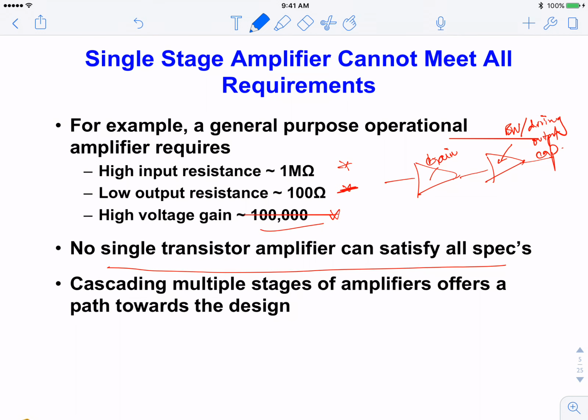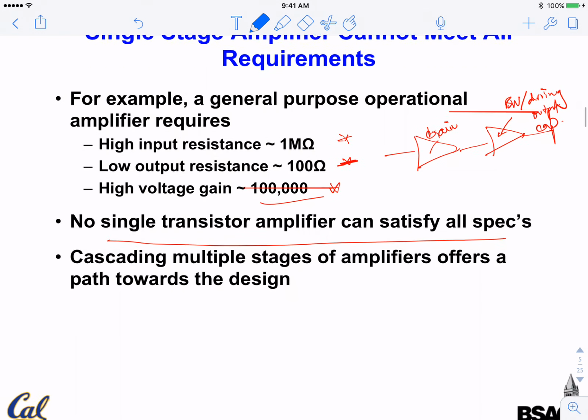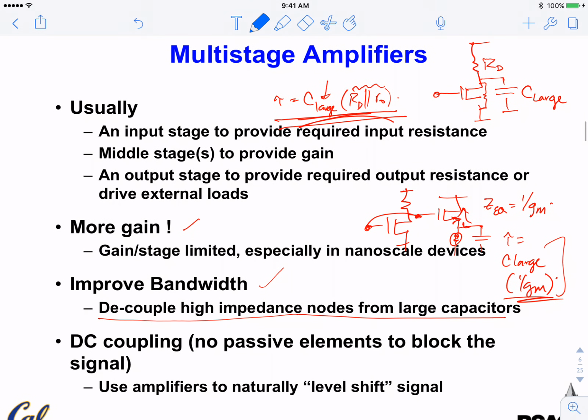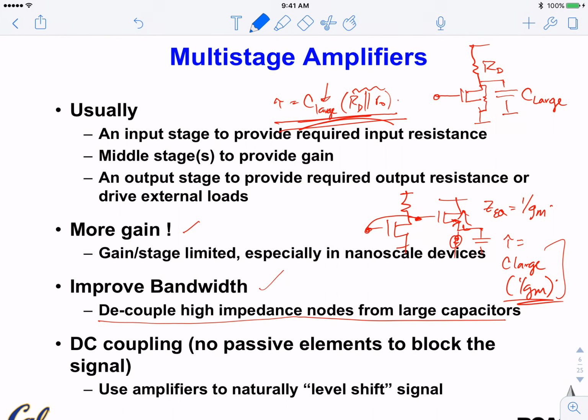So single stage, we cannot meet all the requirements. That's pretty straightforward, and therefore we use multi-stage. In multi-stage, we have an input stage to take care of the input impedance, an output stage to take care of the output impedance. In the middle, we need more than one stage to give us sufficient gain. Modern transistors are getting smaller and smaller, and the amount of gain we can get out of them is also getting smaller, so we need multiple transistor stages.